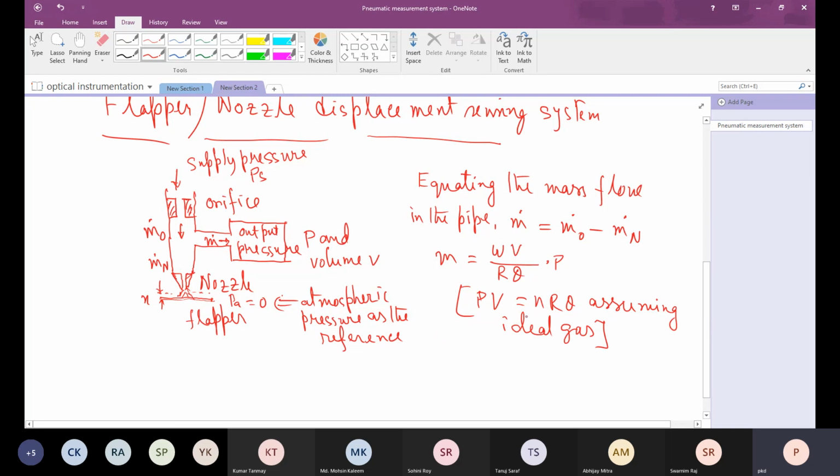Where n is the moles of an ideal gas, and that is mass divided by molecular weight.